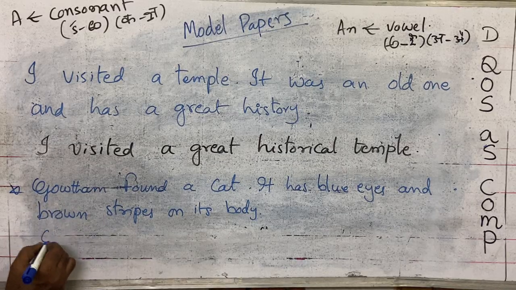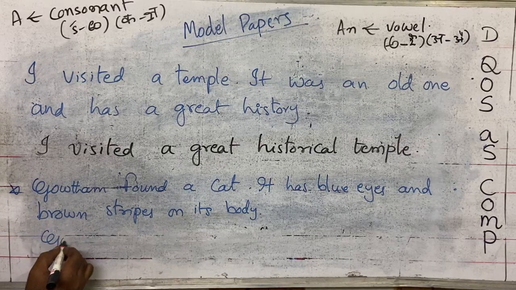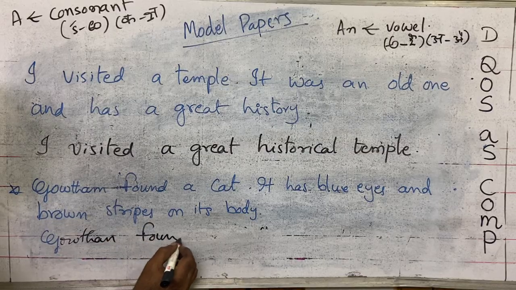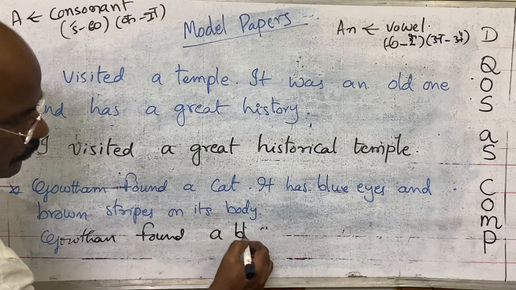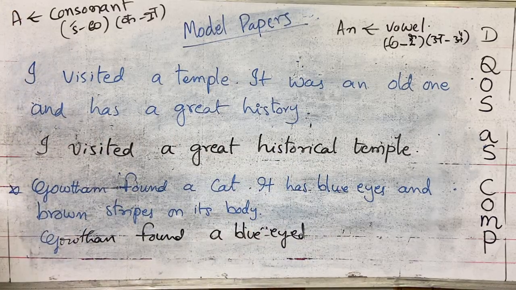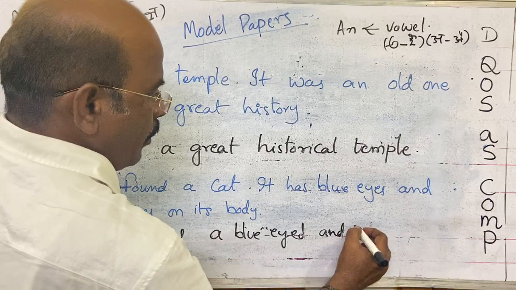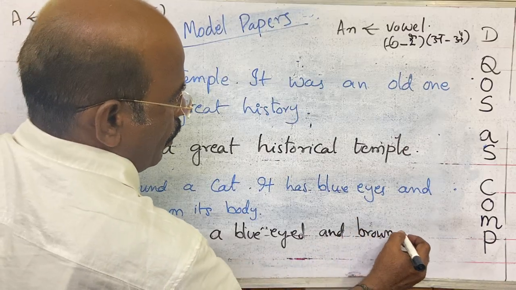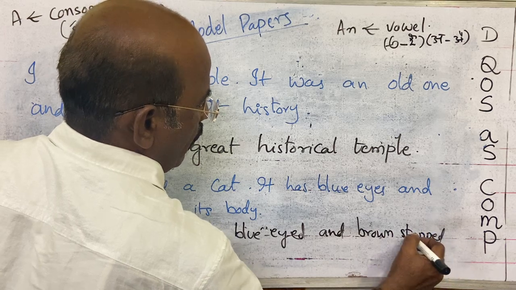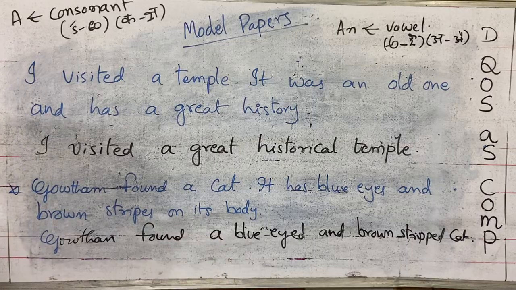Gautam found a blue-eyed and brown-striped cat. So here both are given.